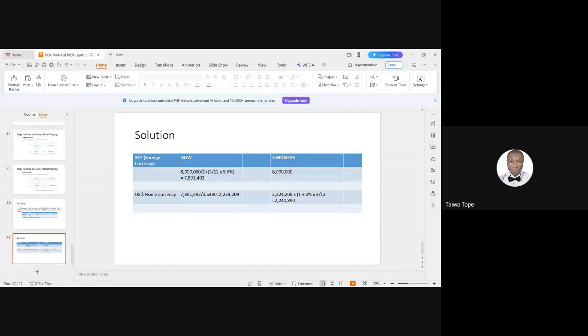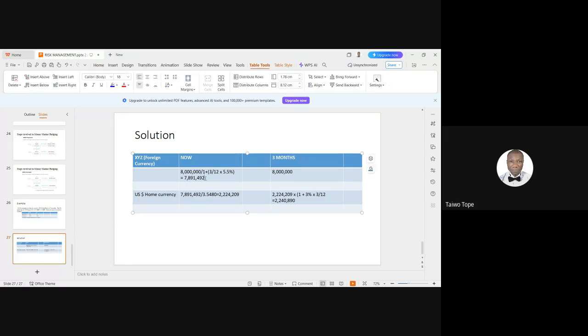By borrowing in the foreign currency. When you borrow in the foreign currency, you convert to your home currency. So as this money is being paid, this value here will compensate.